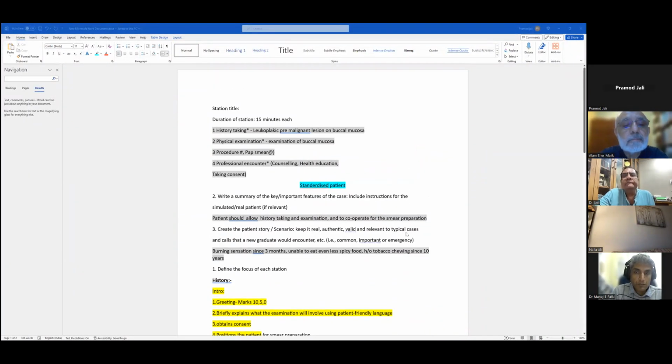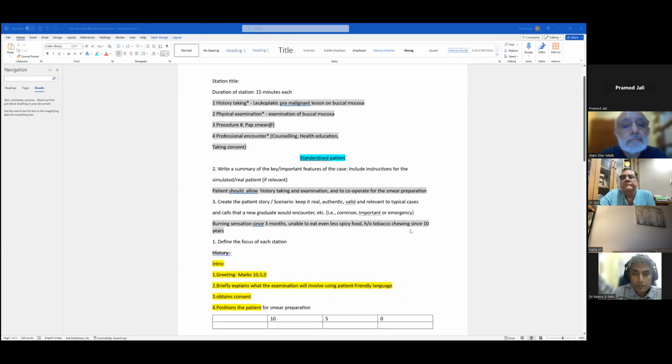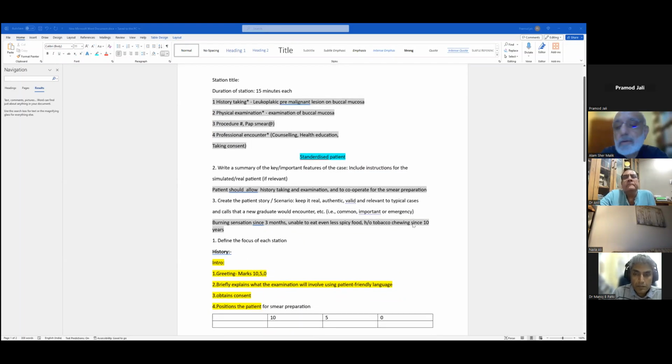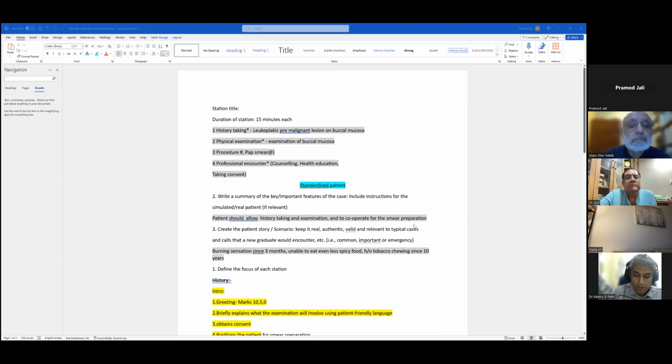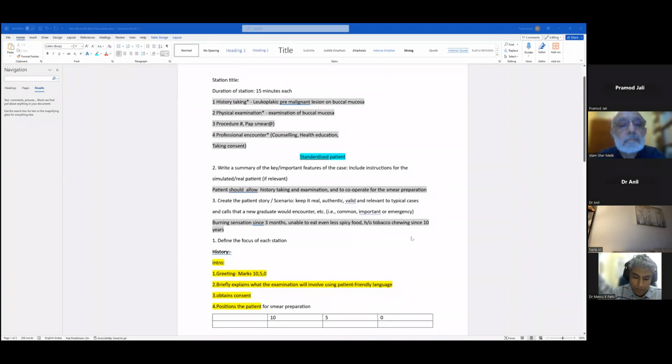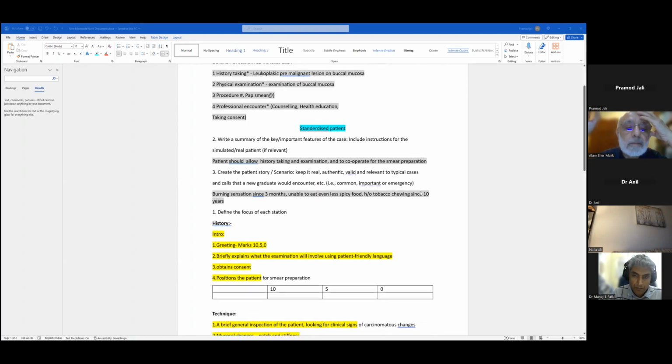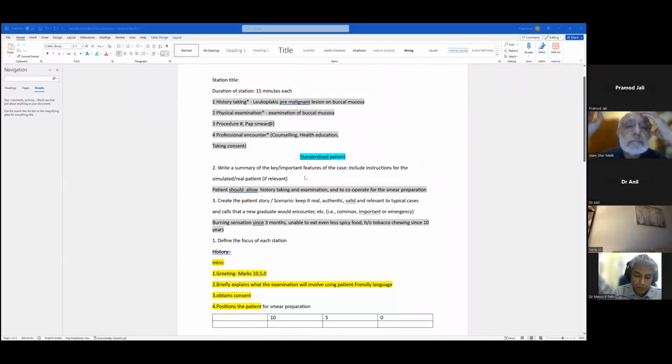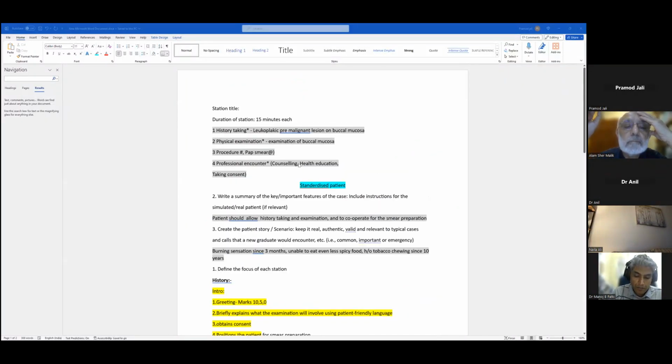Sir, I am a dental faculty in oral pathology. I made a scenario where there are 4 PGs in our department, and they go through this OSCE with a standardized patient having a pre-malignant lesion in the buccal mucosa.